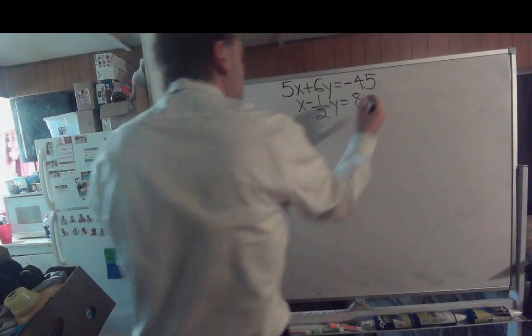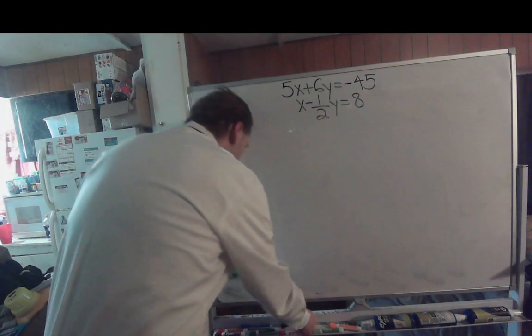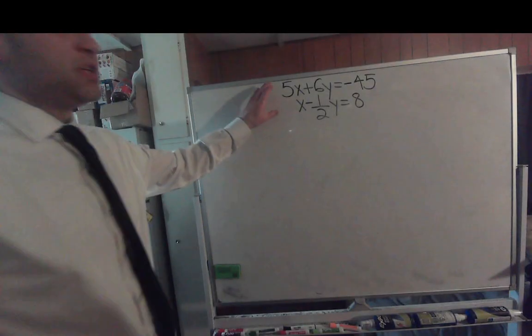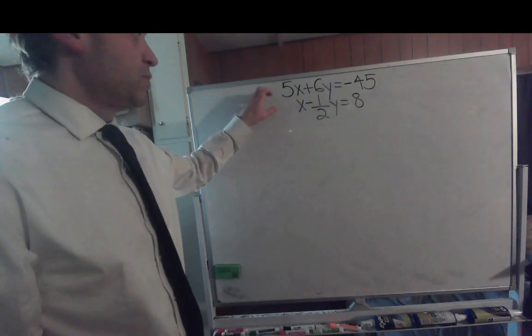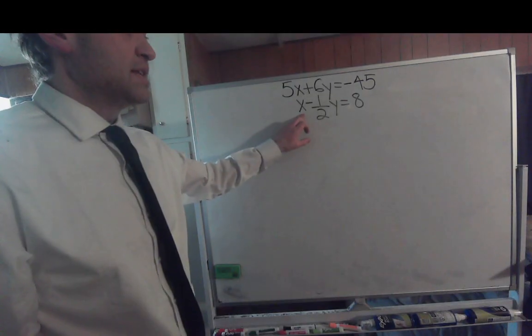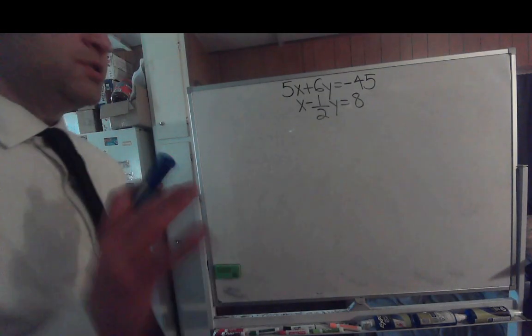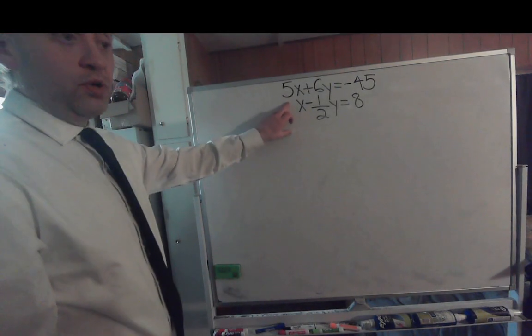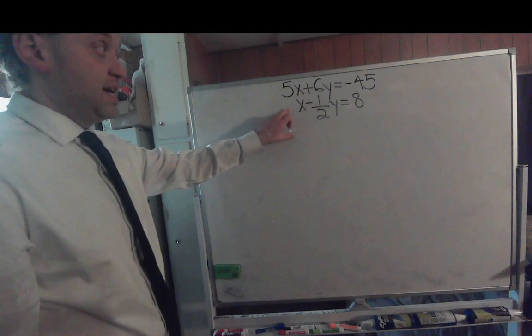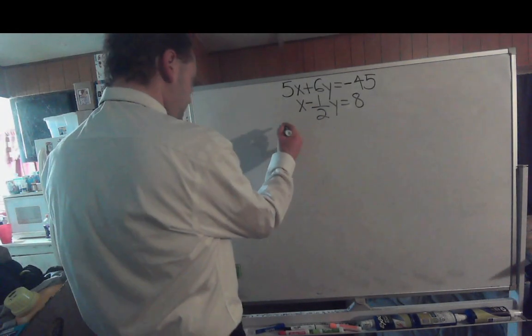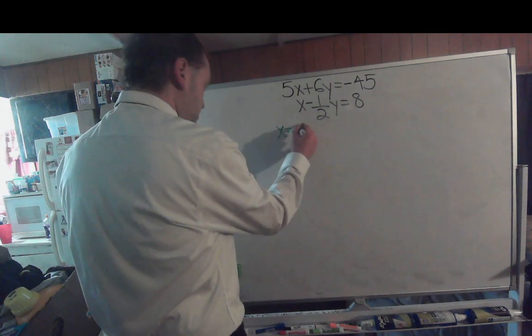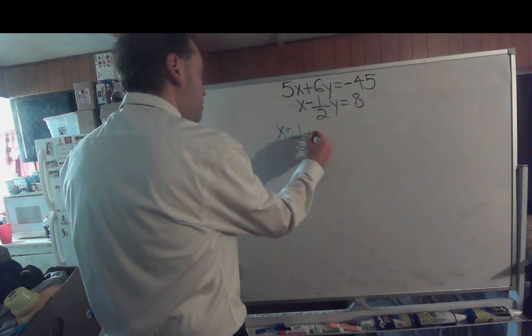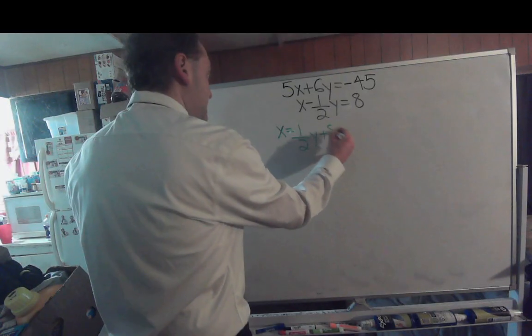All right, so we need to solve this system here. We have 5x plus 6y equals negative 45, and then x minus 1/2 y equals 8. Well, let's use substitution to solve the system. We have a positive 1 coefficient on the x, so let's get the x by itself. If we do that, you would get x equals 1/2 y plus 8.